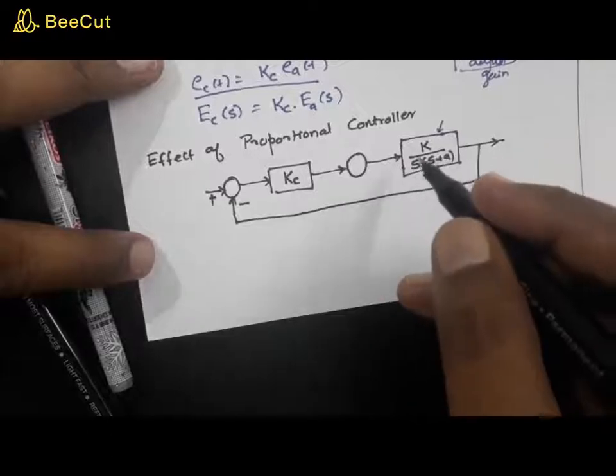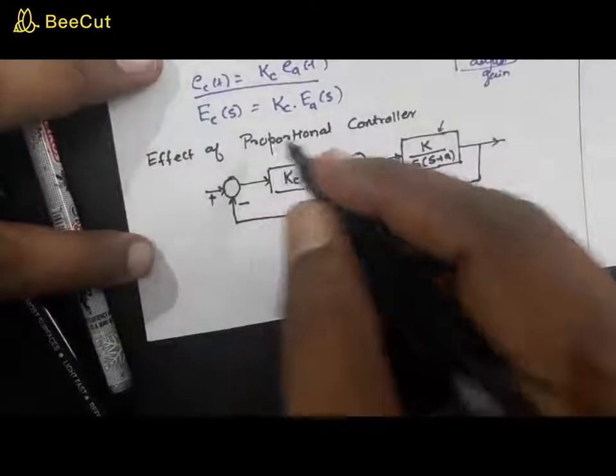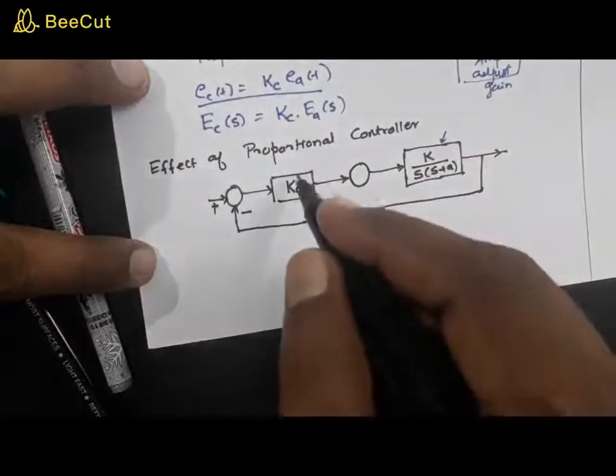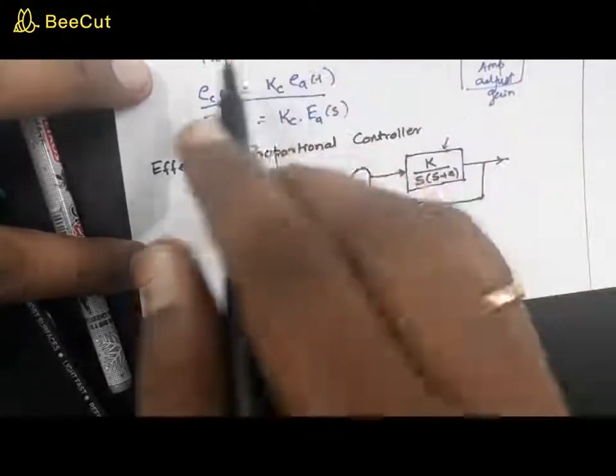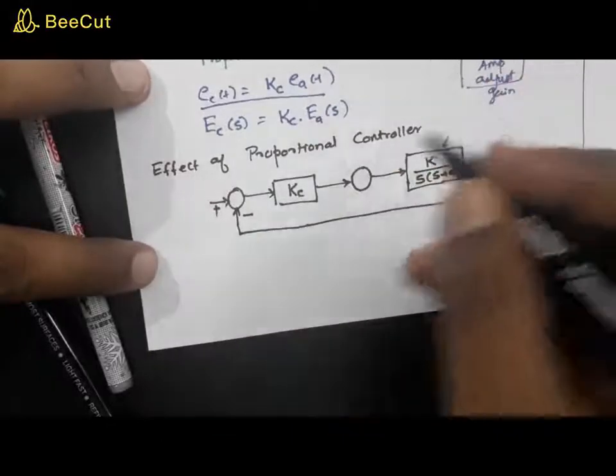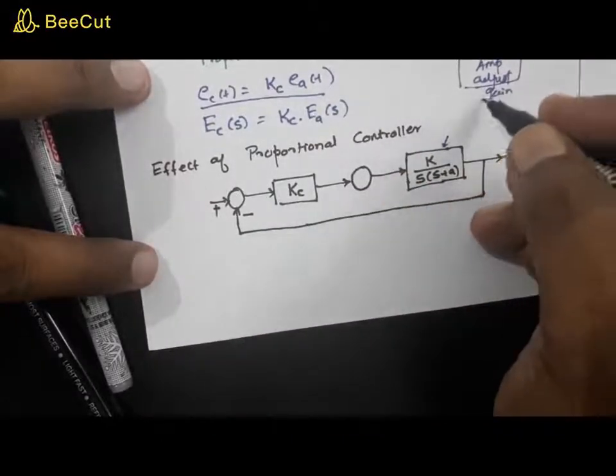Now for that we are using a proportional controller, so there must be a block corresponding to Kc. Kc is the gain of the proportional controller, the adjustable gain, as we have studied.